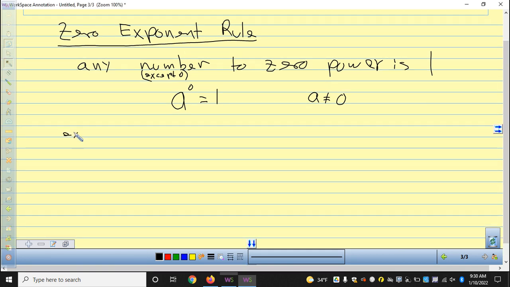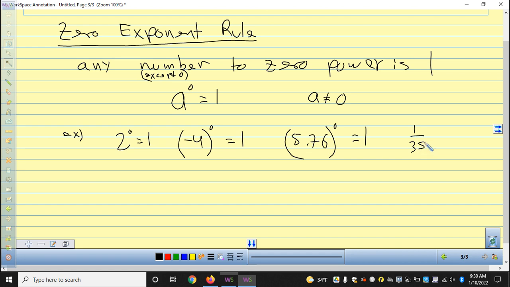So it doesn't matter what that number is. 2 to the 0 we saw was 1. Negative 4 to the 0 is 1. 5.76 to the 0 is 1. 1/352nd to the 0 is 1. x to the 0 is 1.